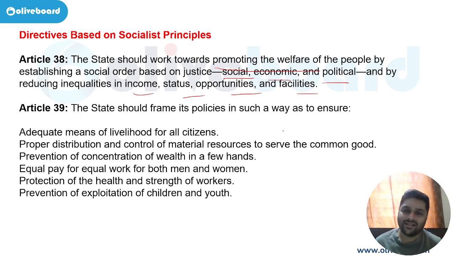The state should frame its policies, see now what Article 39 says, in a way to ensure that all citizens have adequate means of livelihood.